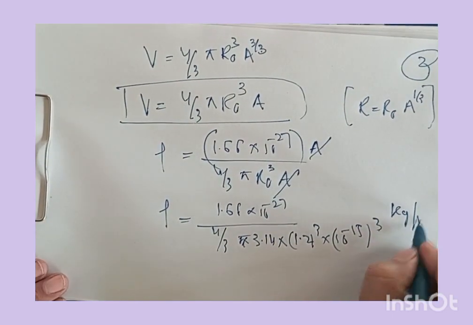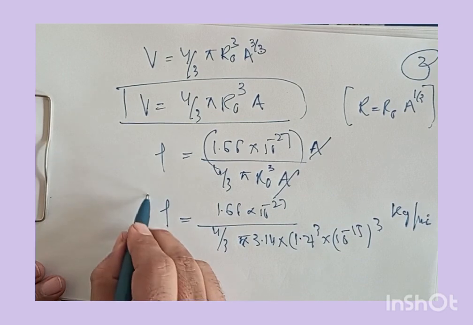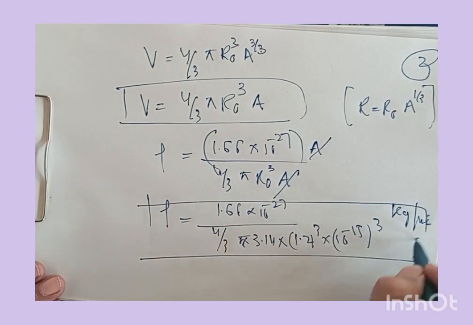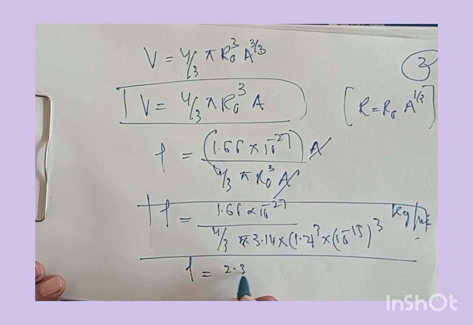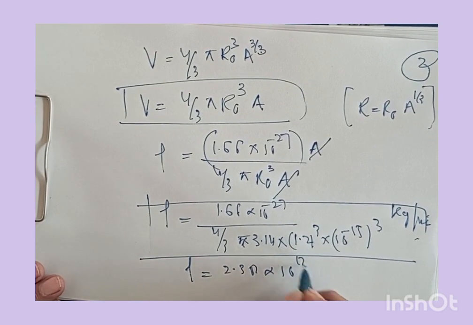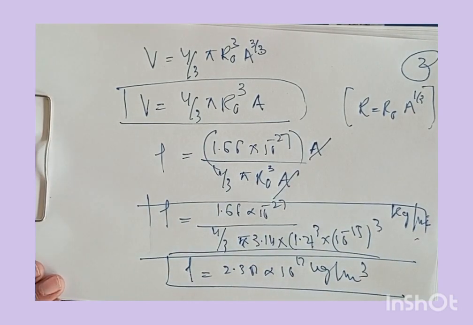So this will be in kilogram per meter cube. What is so evident here is that the density of the nucleus is independent of the mass number. So I can say that all the nuclei that we have, on an average, have the same density, and that can be understood from this equation that we have obtained. When we calculate this, the density comes out to be 2.38 times 10 to the power of 17 kilogram per meter cube. So this is the density of the nucleus.